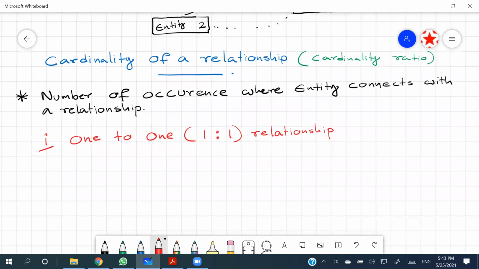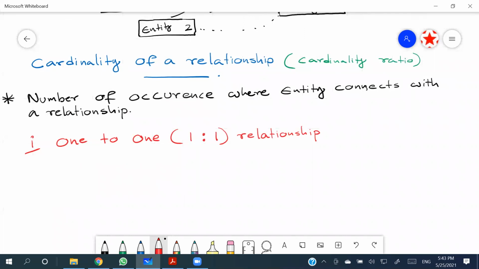One-to-one relationship means, in the scenario, we are going to describe the relationship in this particular manner. Always remember, when we are describing the cardinality ratio, there is a certain pattern that we follow to describe a particular scenario.